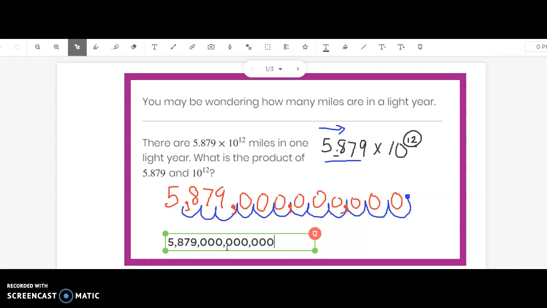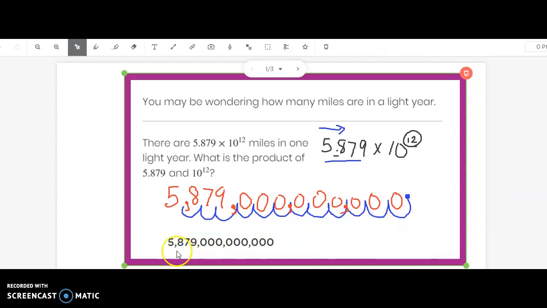In 1 light year, there are, what is the product of, there we go. So my product is, and I have to think, these are hundreds, thousands, millions, billions, trillions: 5,879 trillion. There we go.